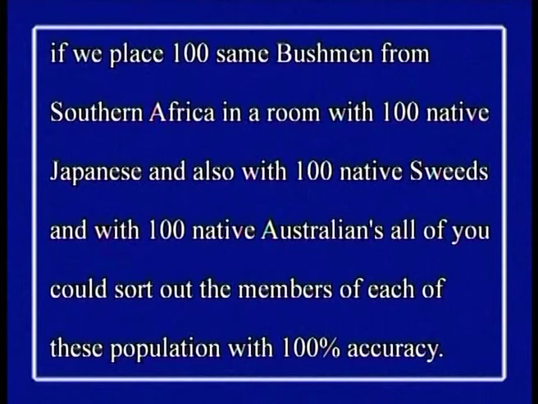For example, if we placed 100 San bushmen from southern Africa in a room with 100 native Japanese and also with 100 native Swedes and with 100 native Australians, all of you could sort out the members of each of these populations with 100% accuracy.